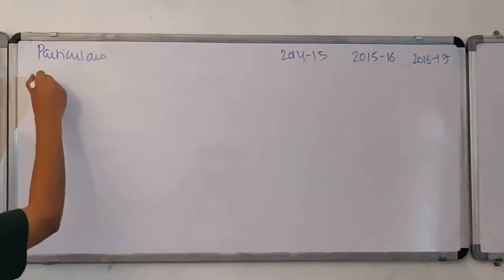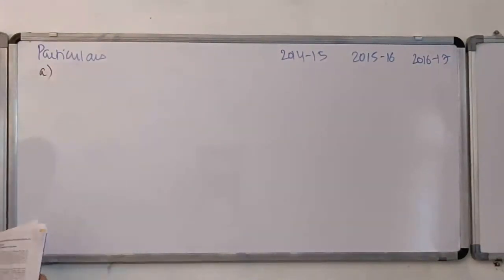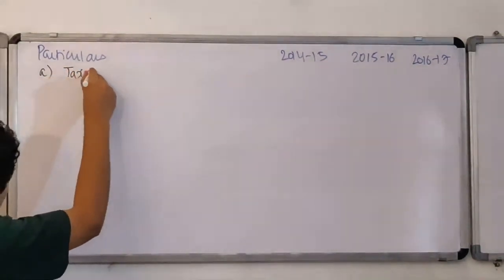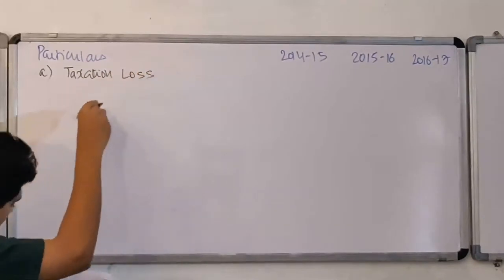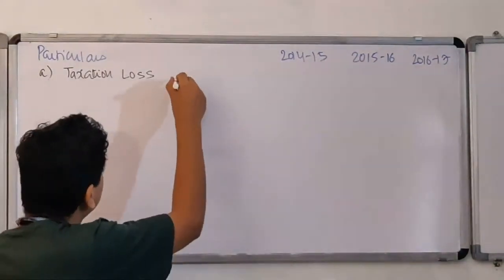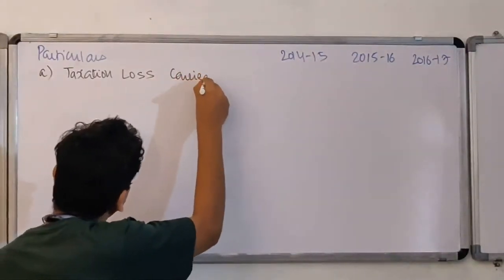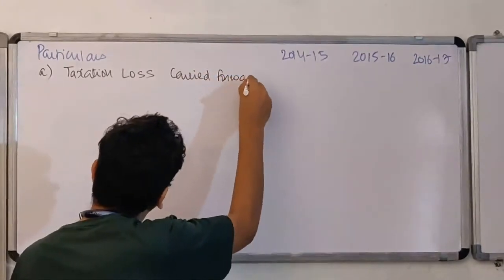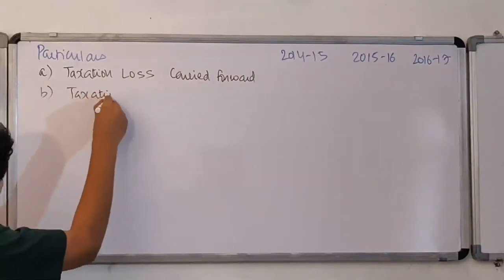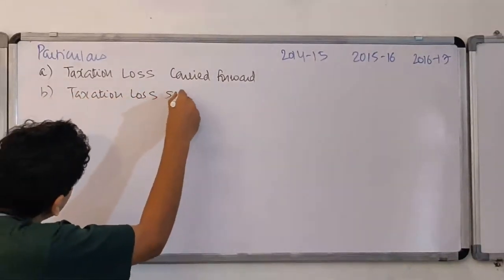So we say here A, taxation loss carried forward. And here we will say taxation loss set off.